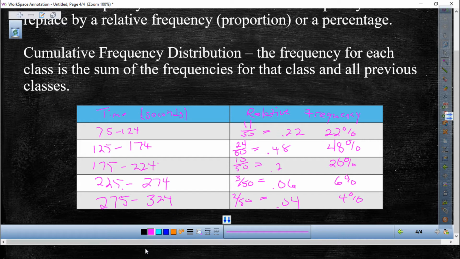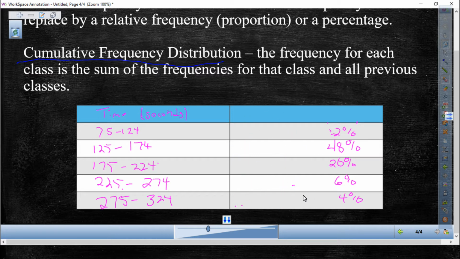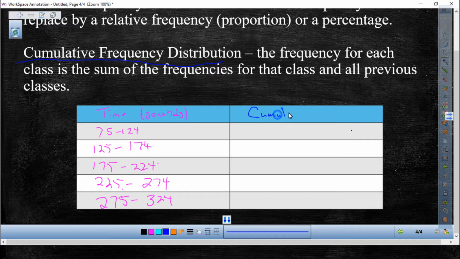And then the next one is the cumulative frequency. All right. So I'm just going to erase this right here and do it right over the top of that. Cumulative frequency. All right, so we had 11, right? So we start off with 11.